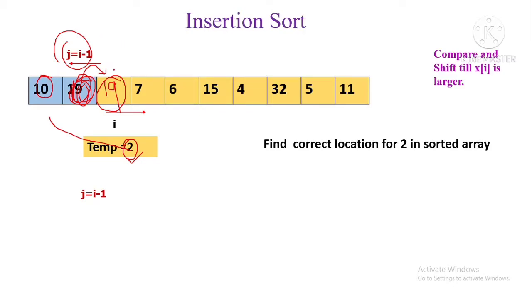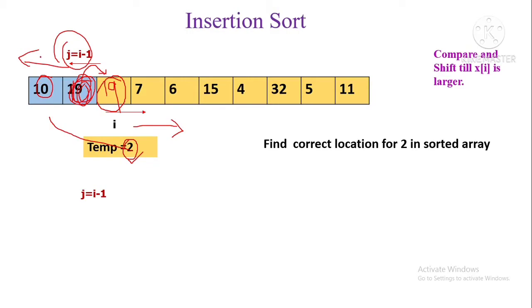Here you can see initially j value was 1, then I have decremented the j value. So i is always incremented, and j is decremented. Here I have made a hole.